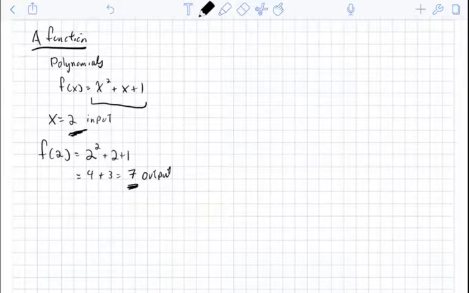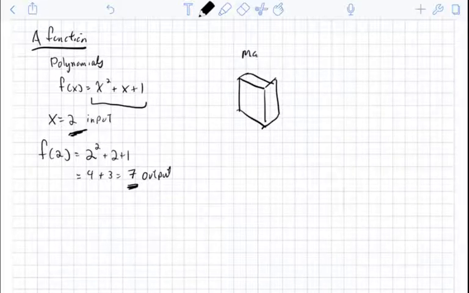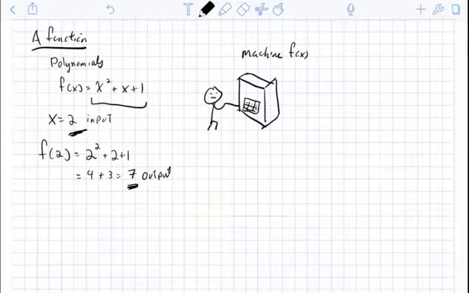We can think of functions as machines. On the front of the machine, there's a big number pad. Boop, boop, boop, boop, boop, boop. And you go up to the function and you input a number.